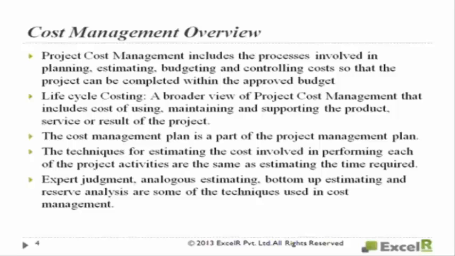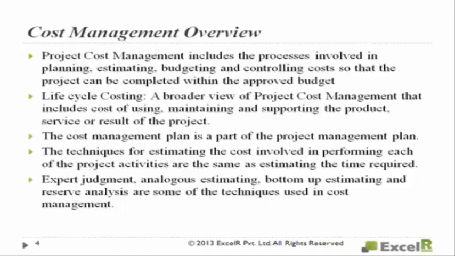For example, you developed a product by doing a project. Assume that it cost $10,000. But every month, the operational expenditure to maintain it costs you $5,000. And the life of that product is, say, 10 years.